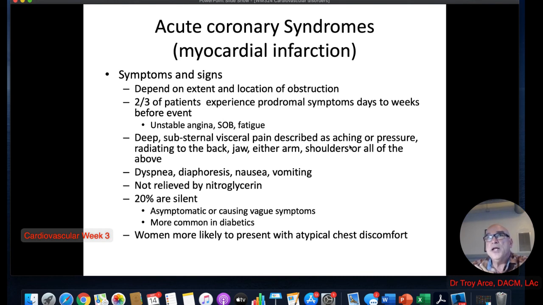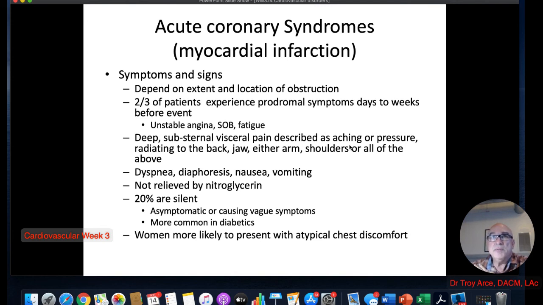They have radiating pain to the back, jaw, either arms, shoulders, or all of the above. Some feel like impending doom, like I am going to die today. So listen to them, because if you don't get them to a hospital, they probably will. Dyspnea, they can become diaphoretic, nausea, vomiting, and nothing is relieved by the nitroglycerin pills they normally take for angina. You can tell that this is a serious situation.